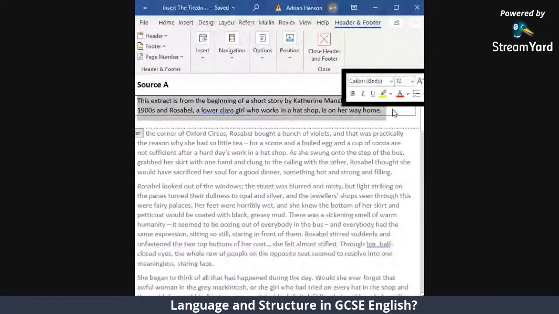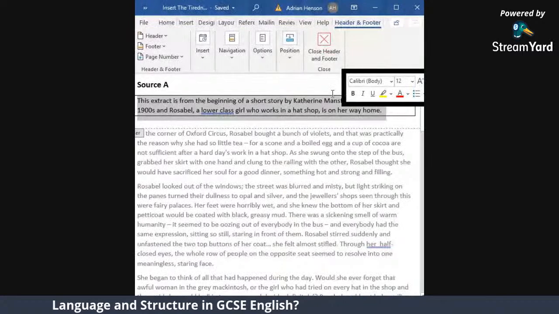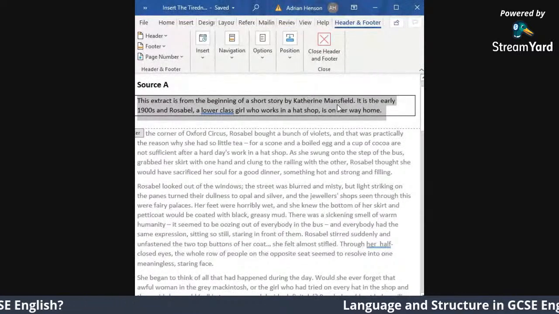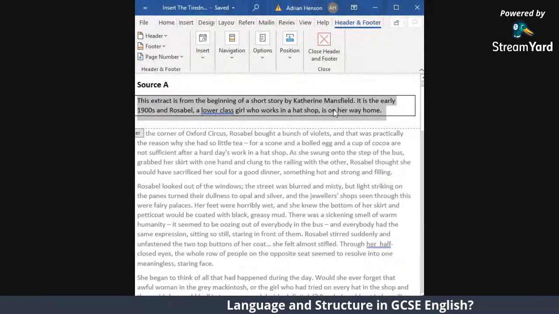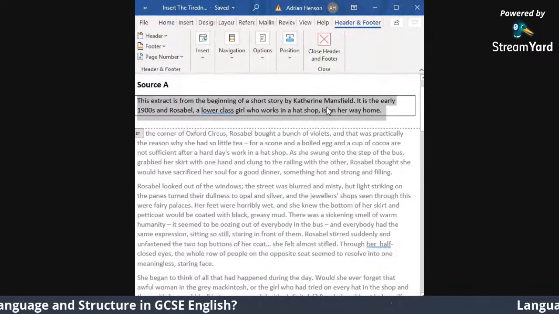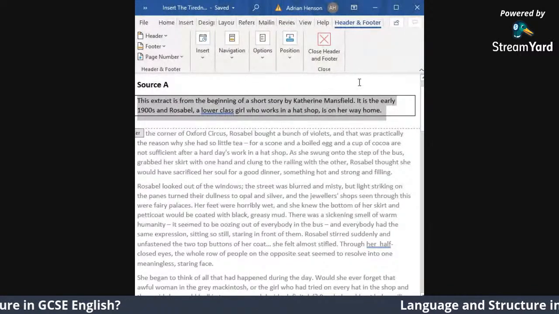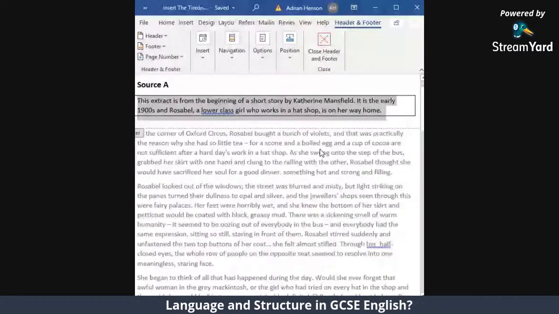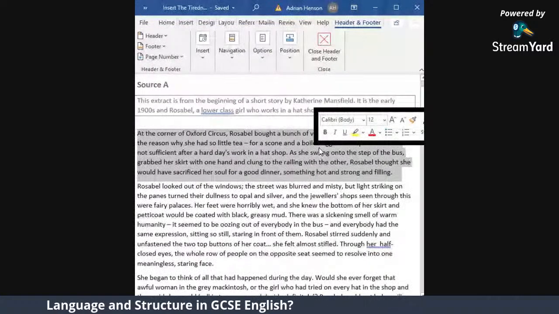And it says, this extract is from the beginning of a short story by Katherine Mansfield. It is early 1900s, and Rosabelle, a lower class girl who works in a hat shop, is on her way home. So we are given information at the very start about where she is.